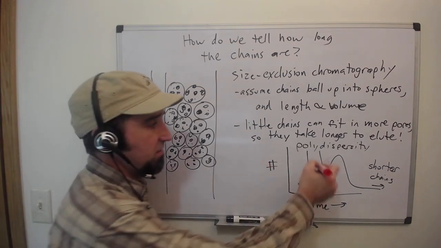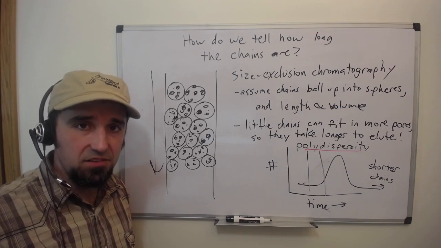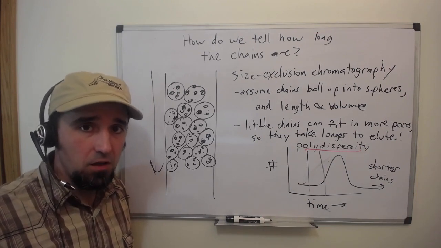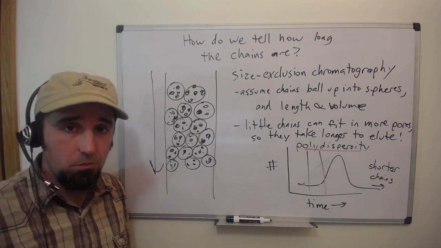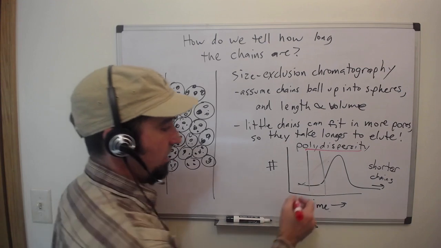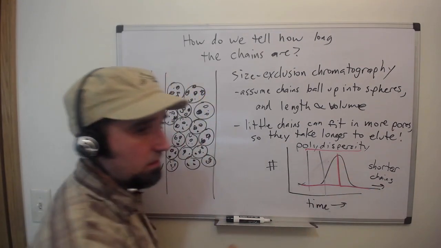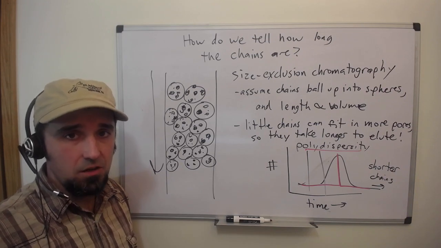This plot also tells us about polydispersity. So polydispersity basically tells us the range of chain lengths we see in our sample, right? You can imagine maybe we have a perfect polymerization technique where every chain is precisely the same length. That would be called monodisperse, right?